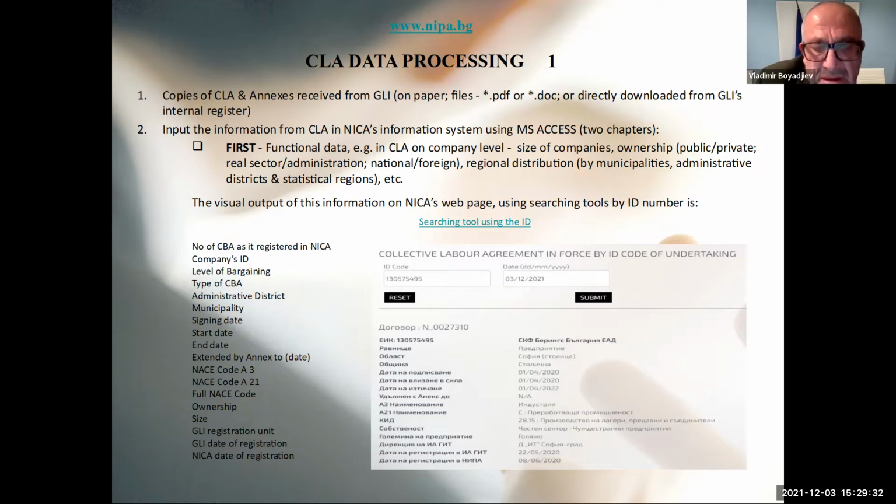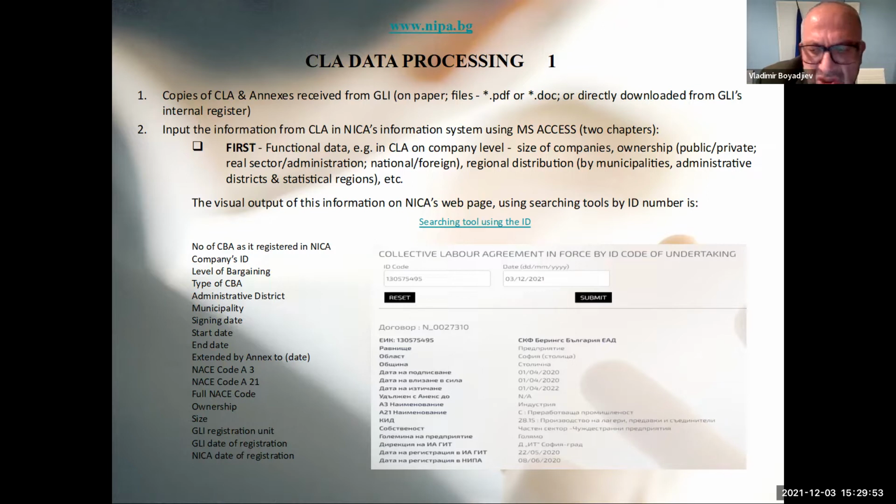And after that, we put the information from the CBA into our information system using Access, which is a Microsoft package.